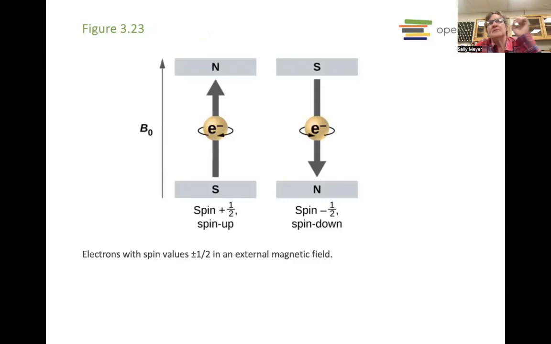Anytime a charged particle is moving, it creates a magnetic field. And so you could identify which spin it is, up or down, because when you allow that electron to interact with the magnetic field, its energy will be different, whether it's aligned with the field, so the field is the B0, or if it's anti the field on the right-hand side.